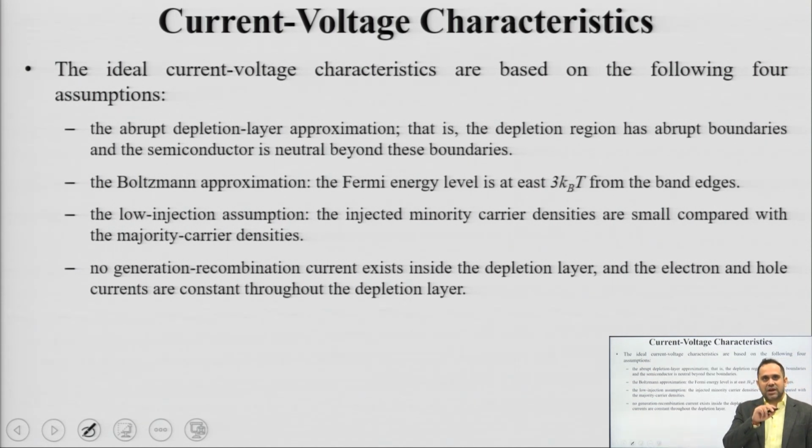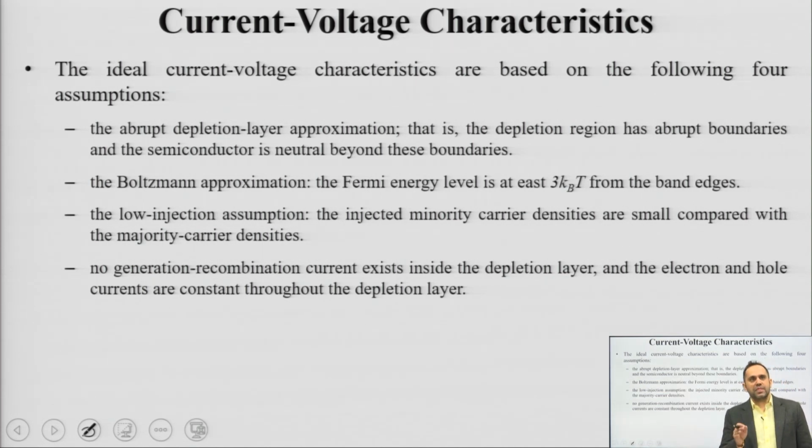We immediately transit from P to N or N to P. There is no gradient, there is no grading of doping density. The depletion region has abrupt boundaries. In the bulk, there is neutrality, there is no electric field.